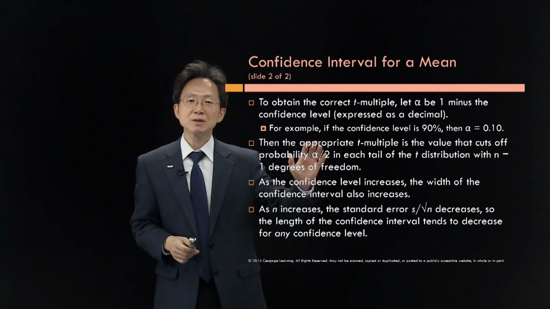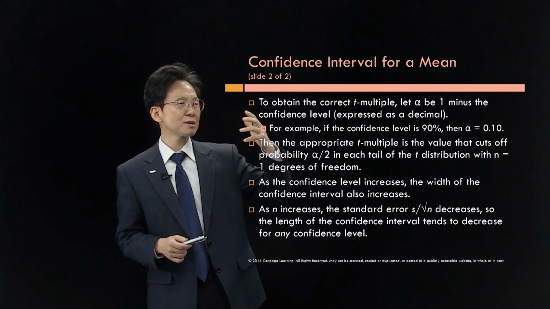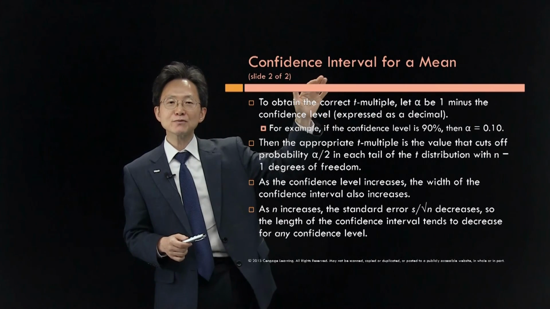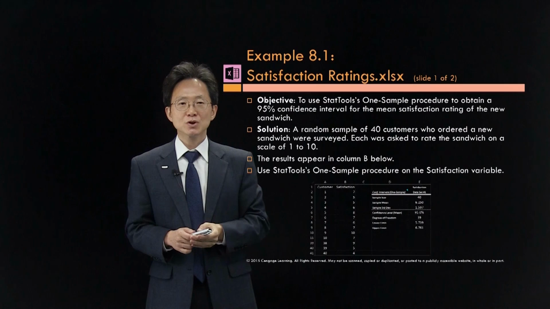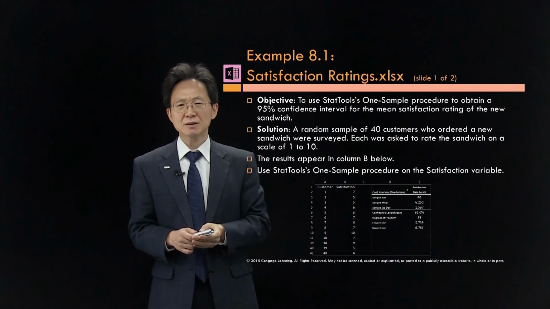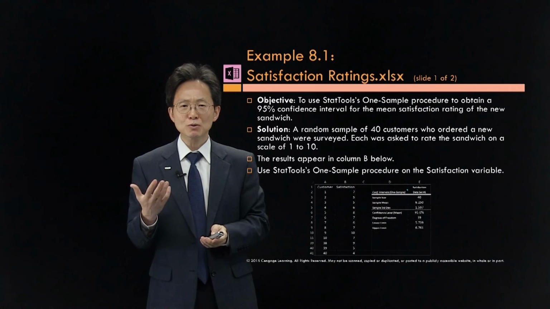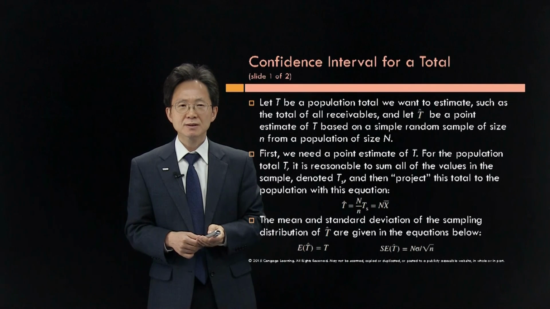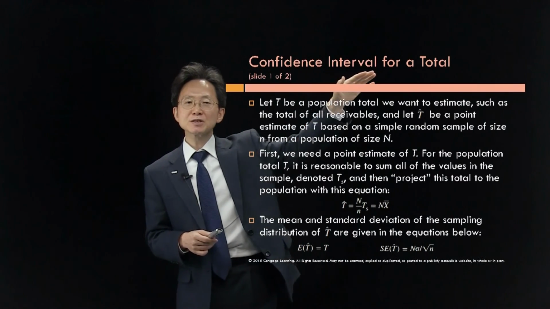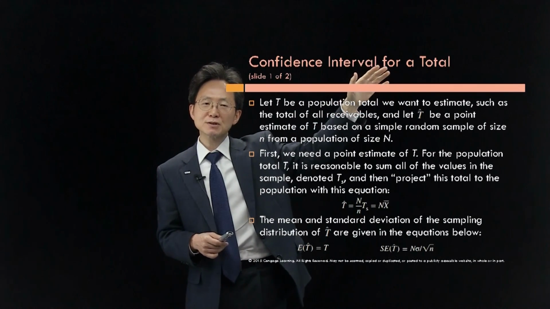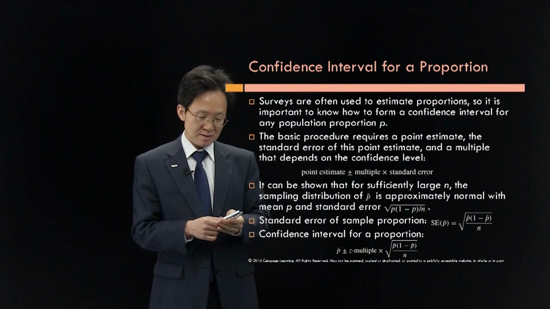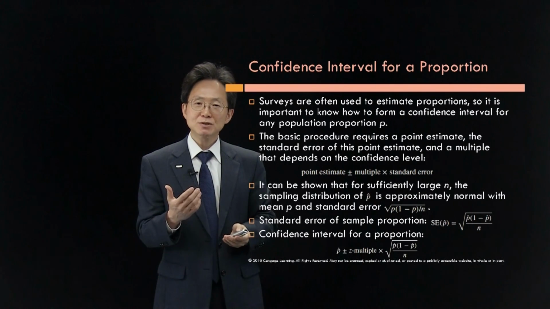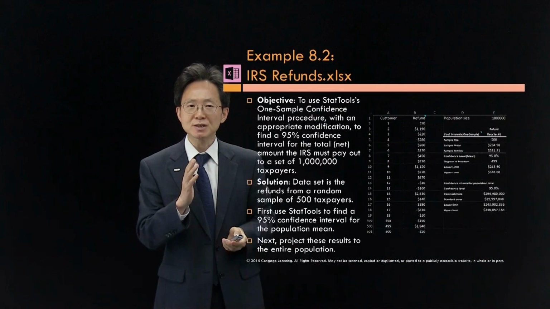So what we are interested in is this, confidence interval for the mean. So that is an example. I want you to go over this example yourself. And confidence interval for total and confidence interval for, let's say, proportion. What I want to say is that you may forget about these things, okay?